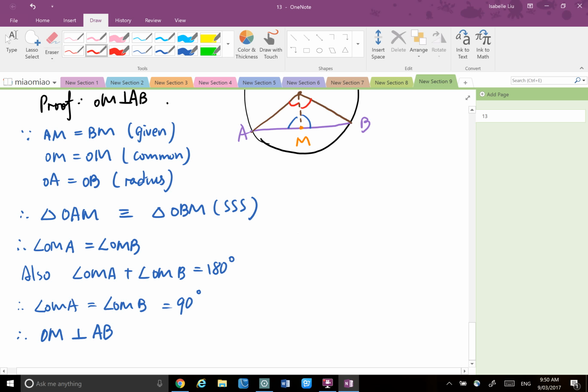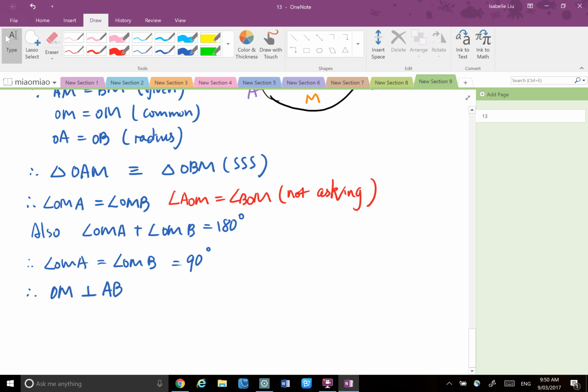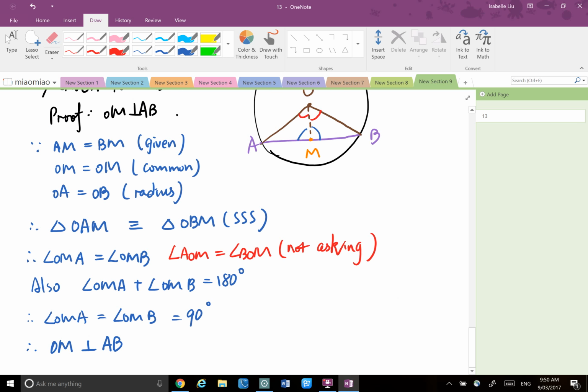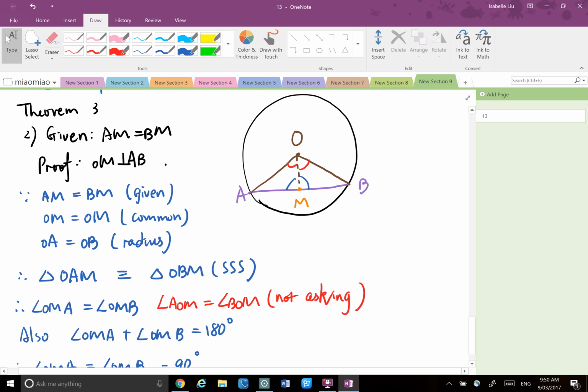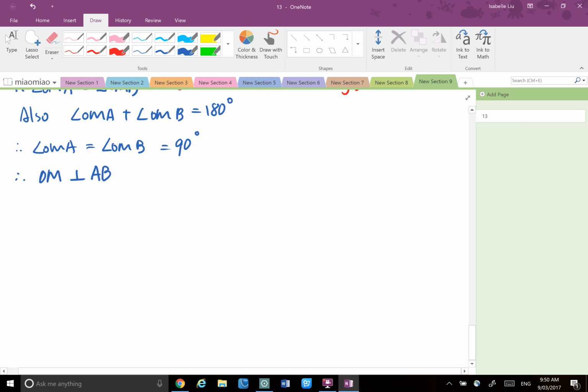Let's write angle AOM equals angle BOM as well. I will say not asking, but what you can do is prove that they equal each other. So that's dot point number 2.